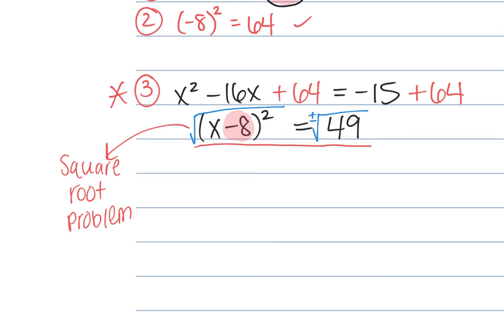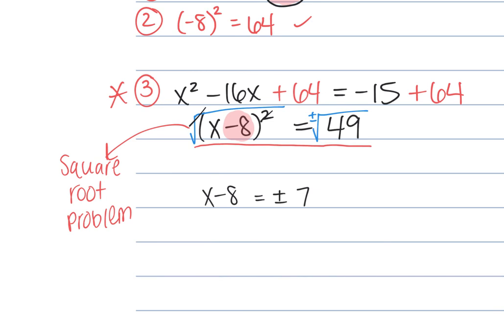Now, what am I going to get on the left-hand side? x minus 8, because the square root and the squared are going to cancel. And my right-hand side? Plus or minus 7. I guarantee people are going to say just 7 and mess it up.